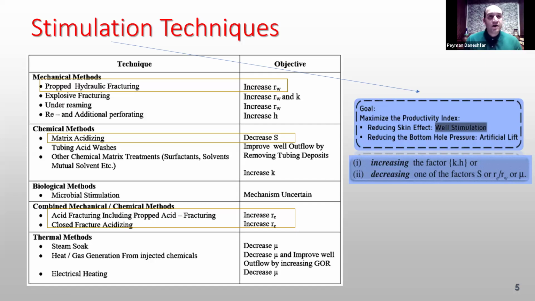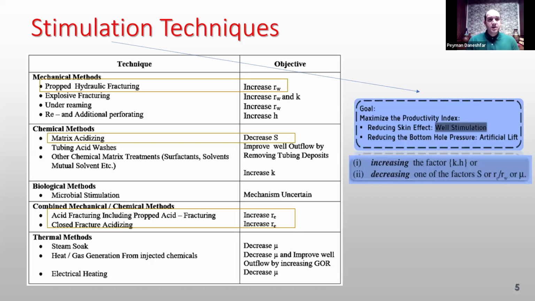So our aim, or our goal in stimulation, is reducing the skin factor or skin effect, reducing bottom hole pressure, increasing the permeability or thickness, or decreasing the skin factor, or the ratio between the radius of penetration and the available radius, or viscosity.